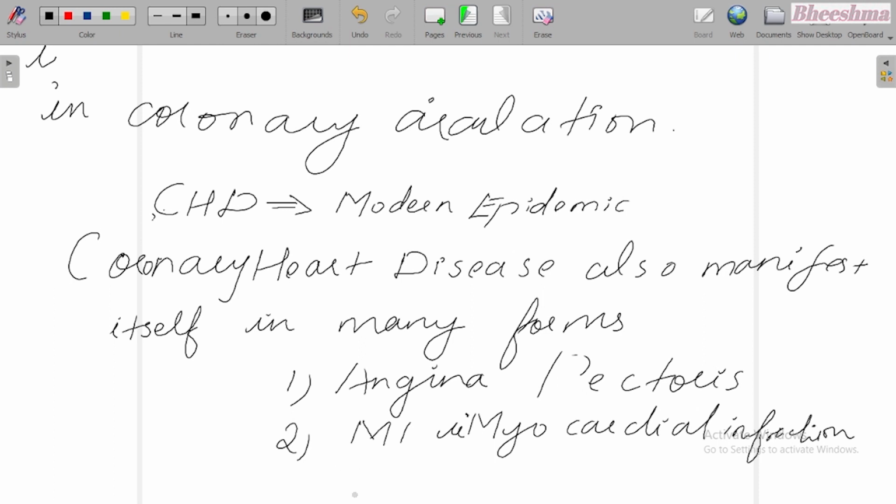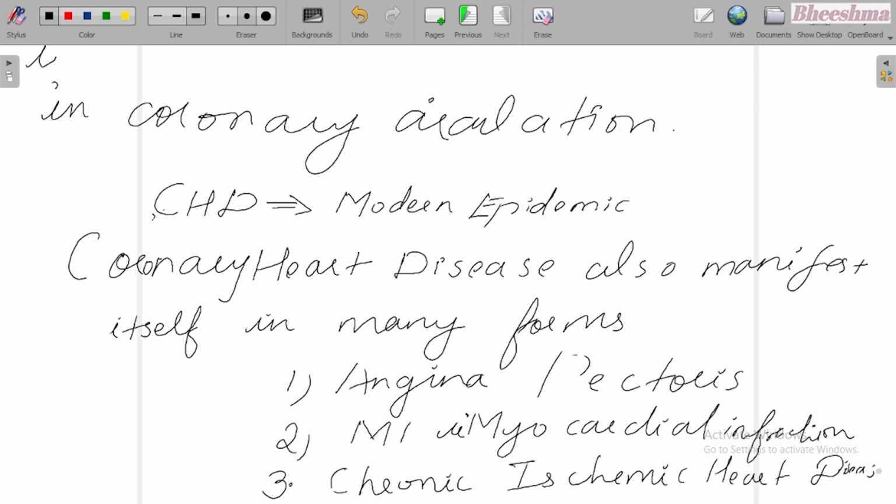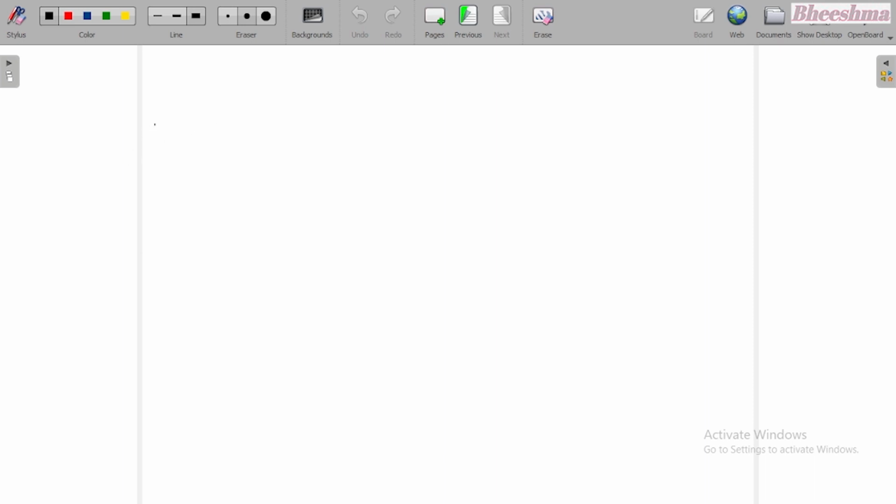The third one is chronic ischemic heart disease. And the fourth one is sudden cardiac death.